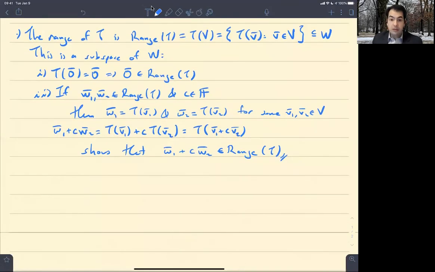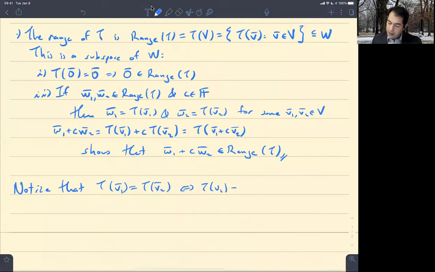So now why are these subspaces interesting? Well, for example, notice that T of V1 is equal to T of V2, any V1, V2 in the vector space V. Well, this is the same as saying that T of V1 minus T of V2 is equal to 0, right?